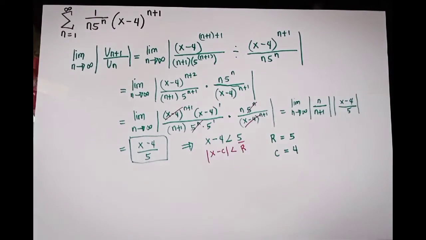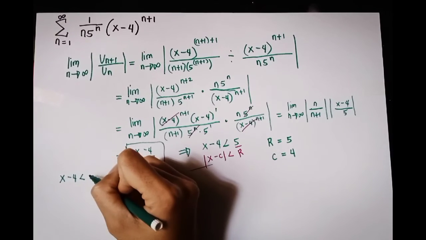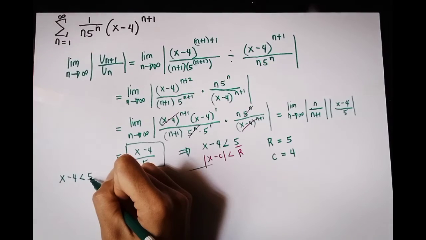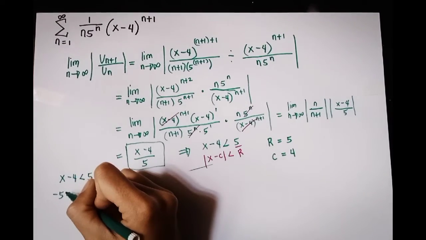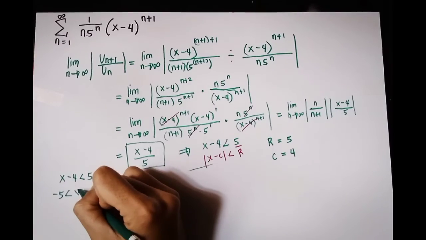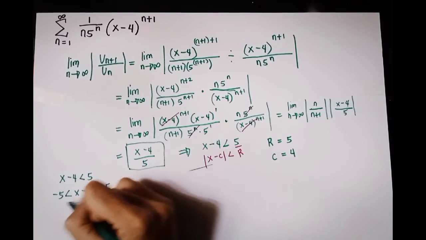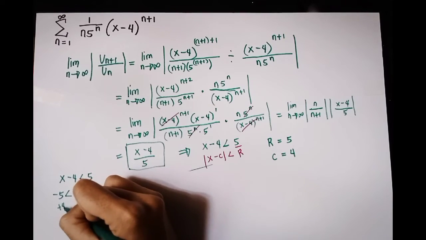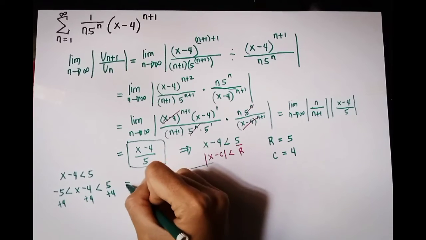To find the interval of convergence, from the expression absolute value of x minus 4 less than 5, we transpose the 5 to the left, so it will become negative 5 less than x minus 4 less than 5. Then add 4 to each part.